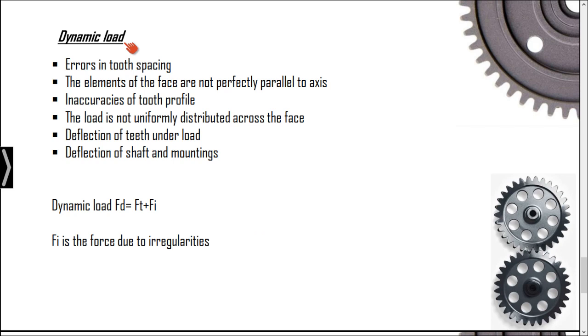Dynamic load is developed in a gear due to errors, which can be an error in the tooth spacing. Because we are machining the teeth, some fabrication error can happen. It can also be because the tooth surfaces are not perfectly parallel to the axis, or inaccuracy of the tooth profile, or the load is not properly distributed over the teeth, or deflection of teeth under load, or deflection of the shaft and mounting.